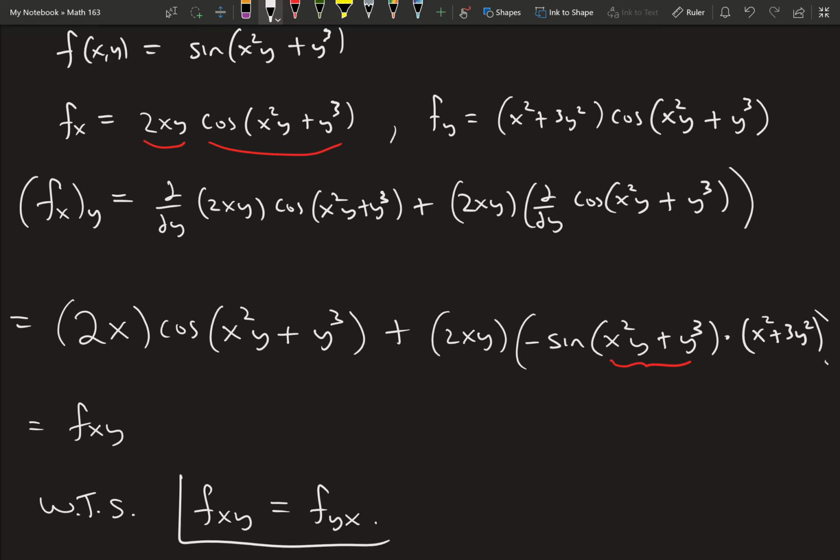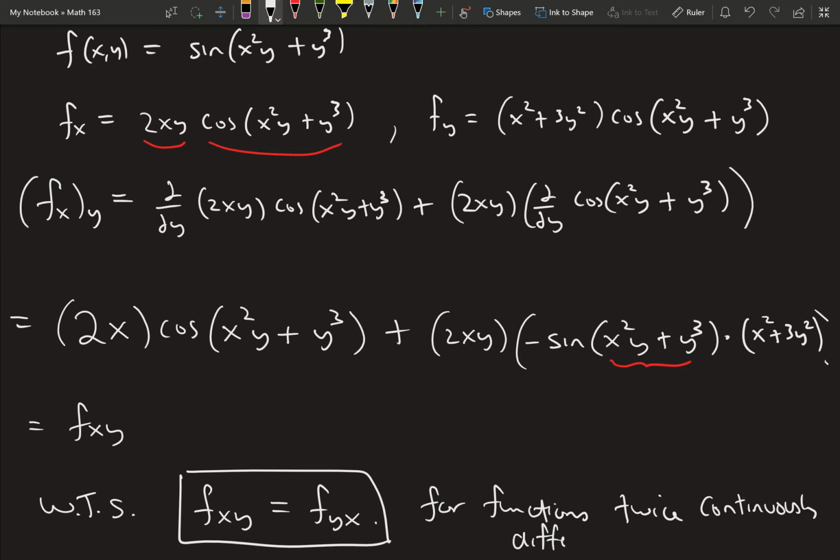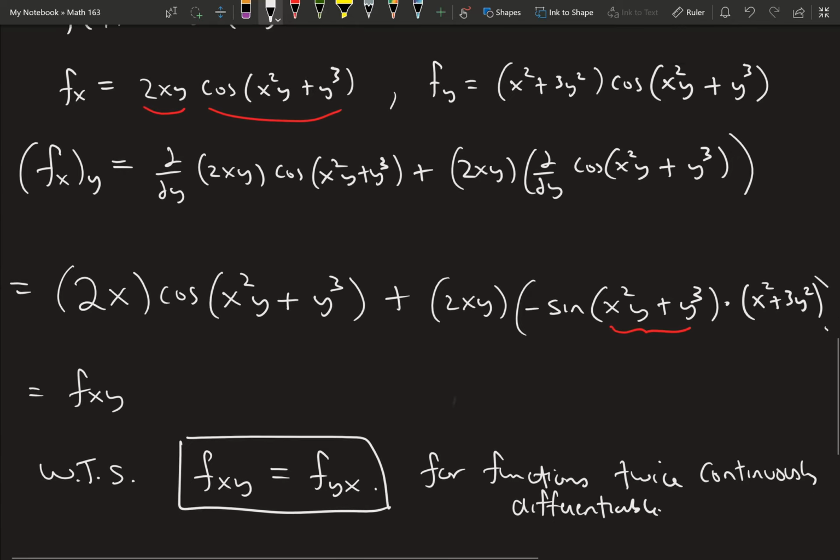So this is a general fact for functions that are what's called twice continuously differentiable. Okay, so this is a general statement, which I'll again state at the end of this exercise, but this is what I want to check.